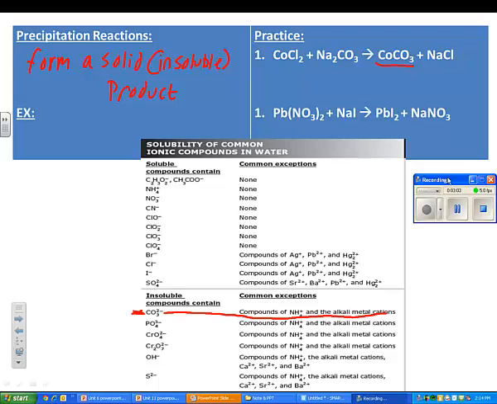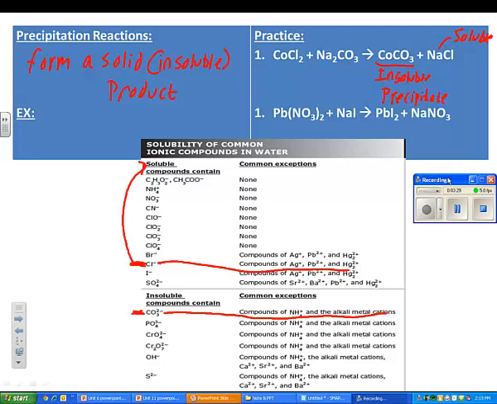Cobalt is not a group 1 metal, so this is insoluble, which means cobalt carbonate would be our precipitate. Whereas NaCl, you have your chlorine right here, and chlorines tend to be soluble unless it's with a silver, lead, or mercury. So this one is soluble. We just call it soluble.